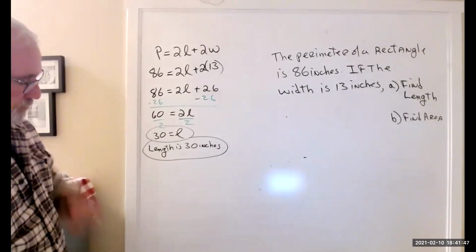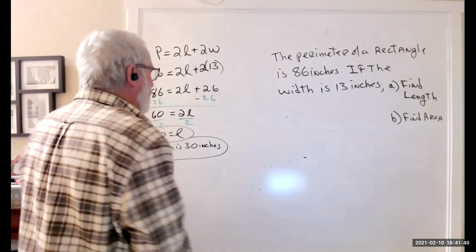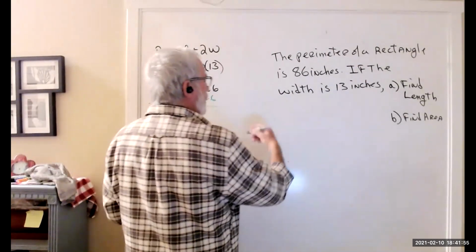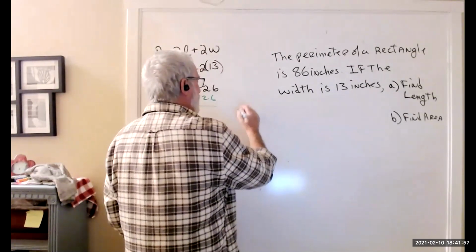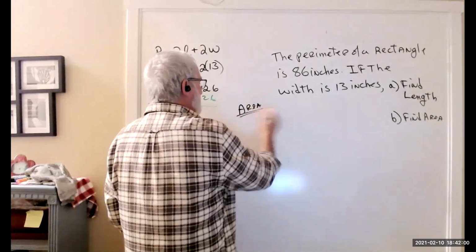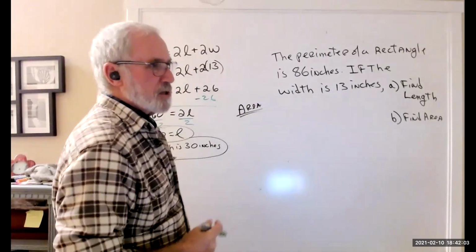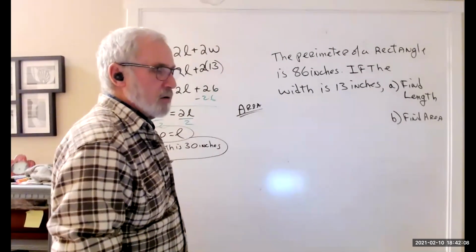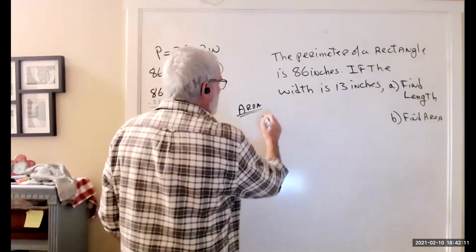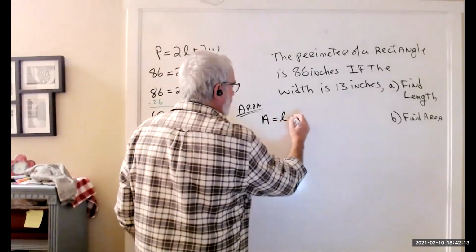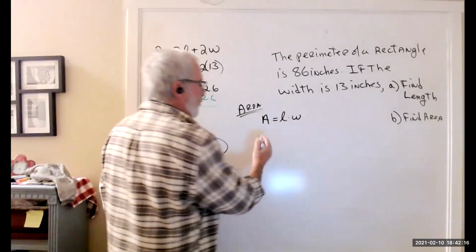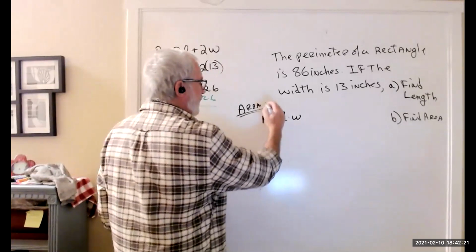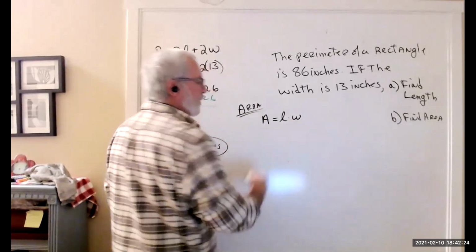Find the area. Well, the area. That's another formula that you should know. When I ask students what's the formula for the area, they all say length times width. And I go, no, that's wrong. A formula has A equals length times width. A formula has an equal sign in it. The area of a rectangle is A equals length times width.